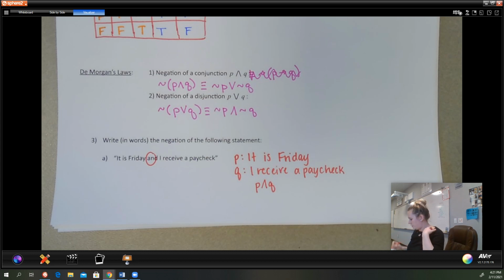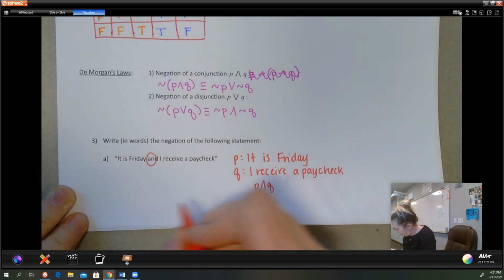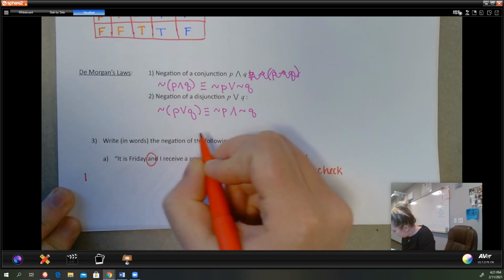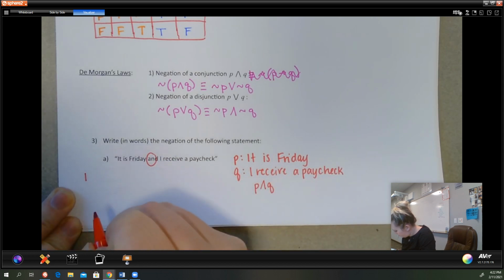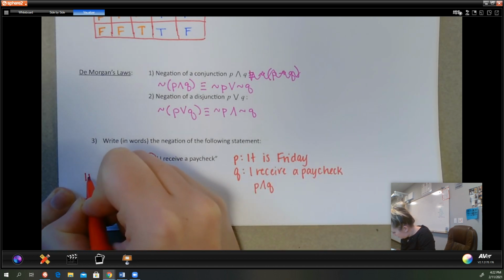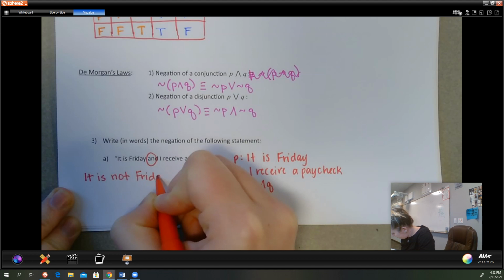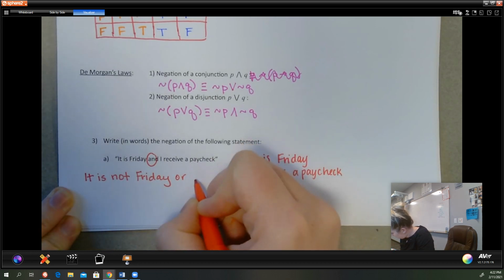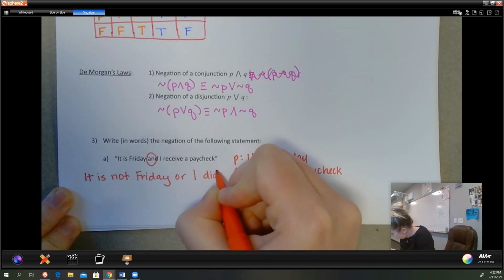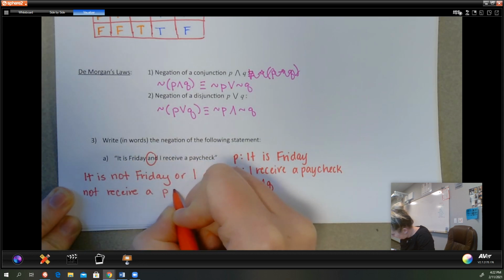So we're going to use this law. The negation of this statement is: it is not Friday, so that's not P, or I did not receive a paycheck.